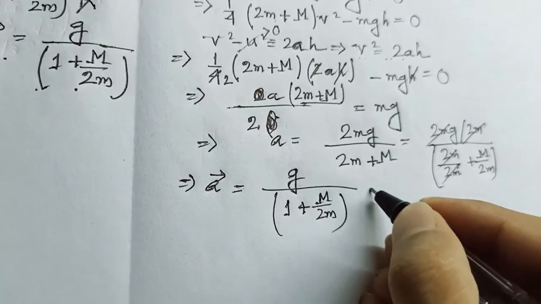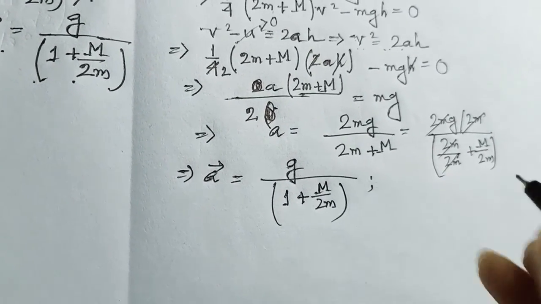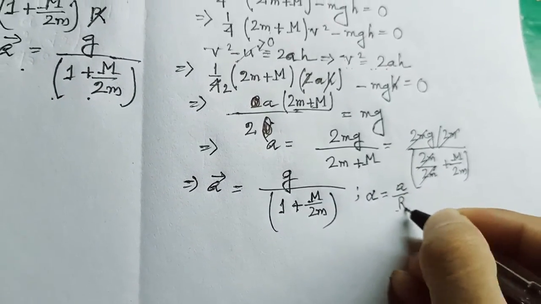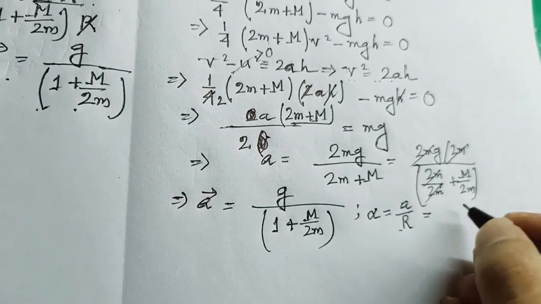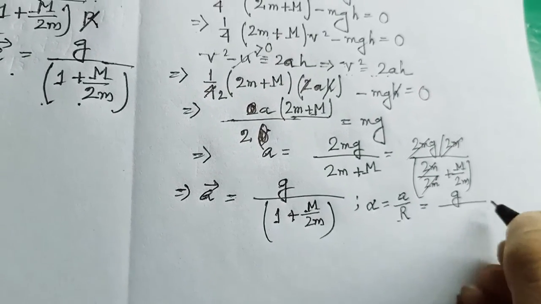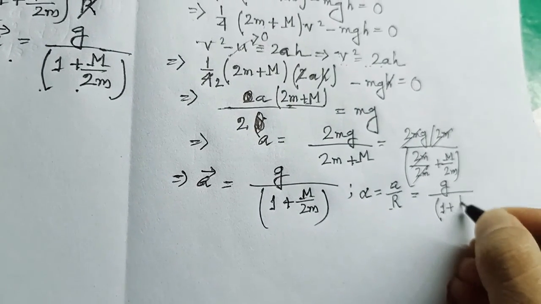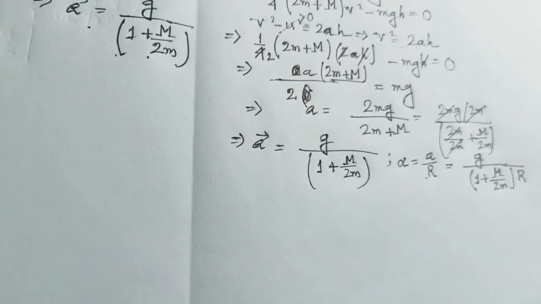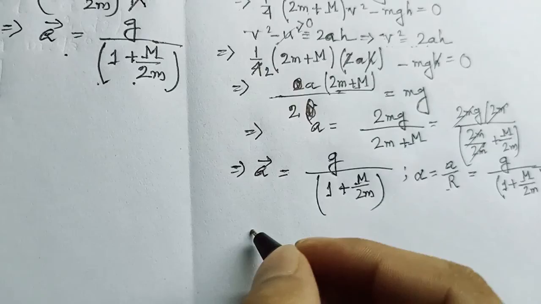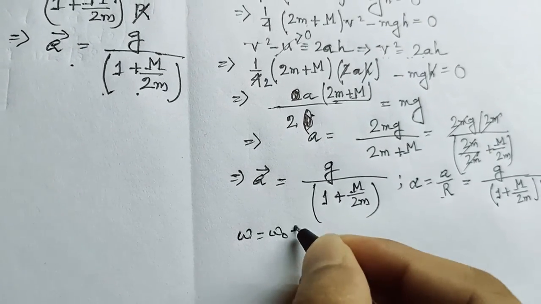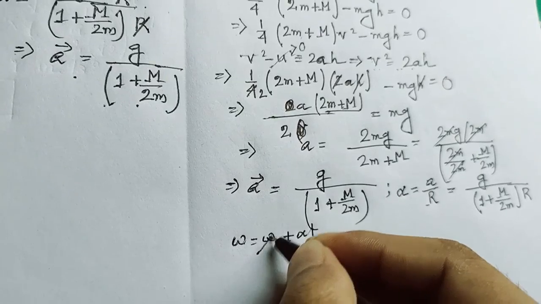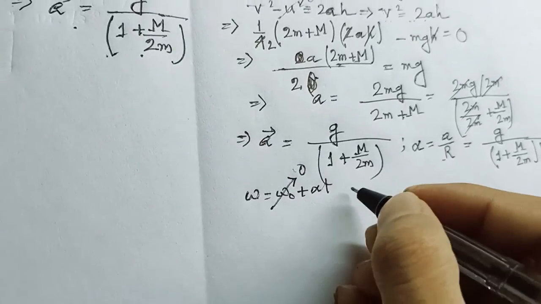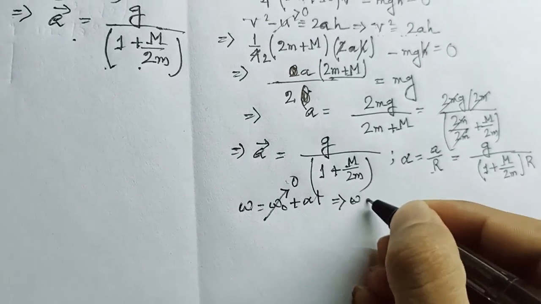Now we get the linear acceleration, but for finding the angular acceleration, alpha equal to a divided by r. If we substitute this value, we'll get alpha equal to g divided by 1 plus capital M divided by 2 small m, into r. Now we will consider the kinematic equation for rotational motion, that is omega equal to omega naught plus alpha t. As this motion starts from 0, we can set omega naught as 0. Then omega will be equal to alpha t.